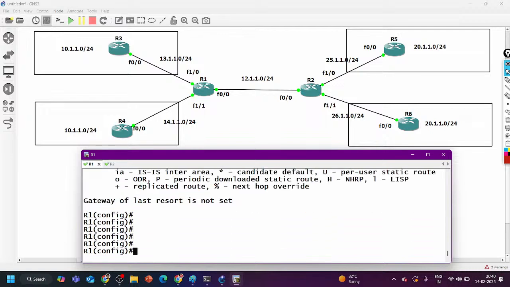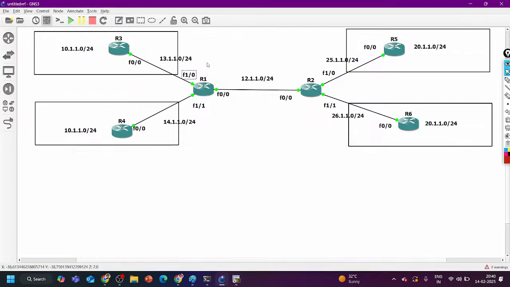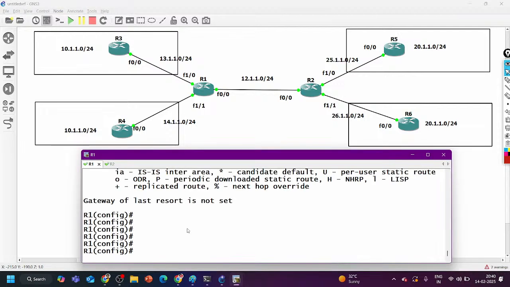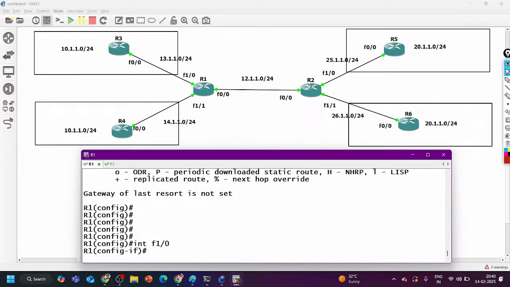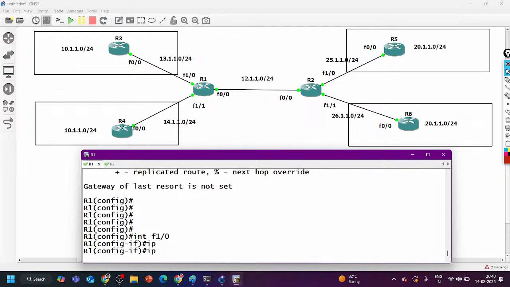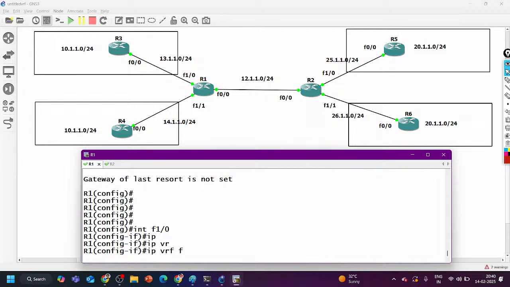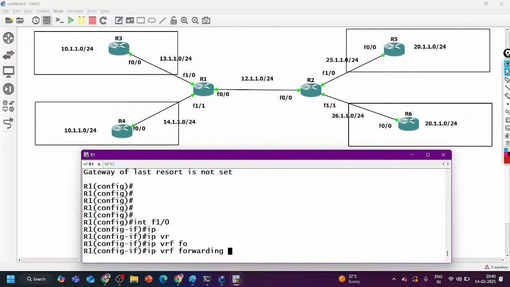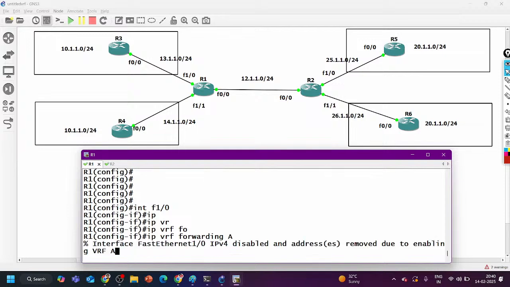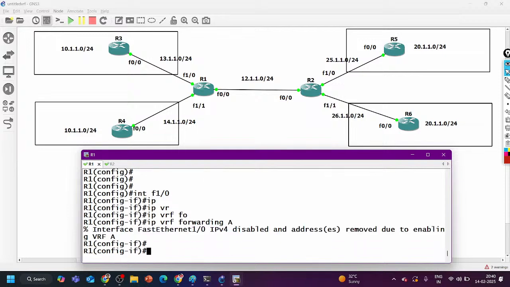Now once I add interface F1/0 in VRF A, it will inject this 13 subnet in the VRF A routing table. Interface F1/0, and to assign any interface to a VRF, this is the command: ip vrf forwarding and the name of the VRF. So I want to put this interface in VRF A. What is it saying, guys?